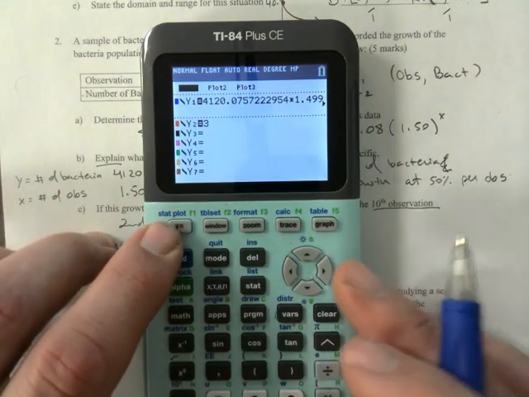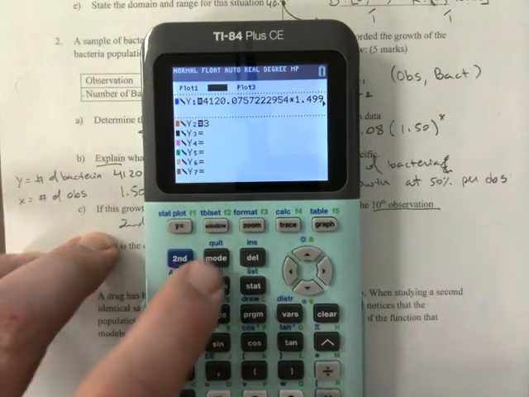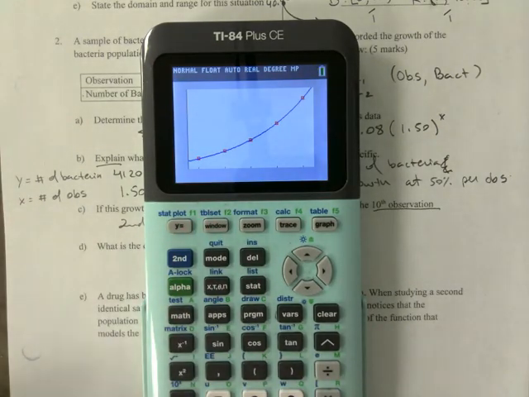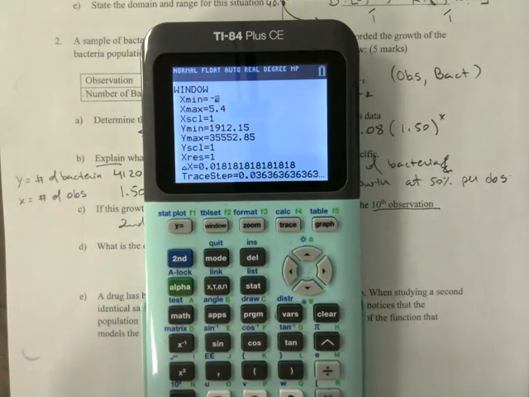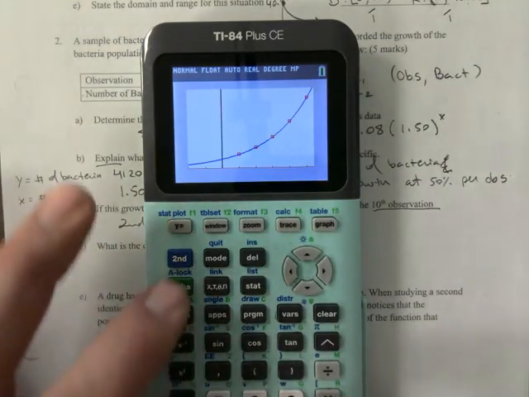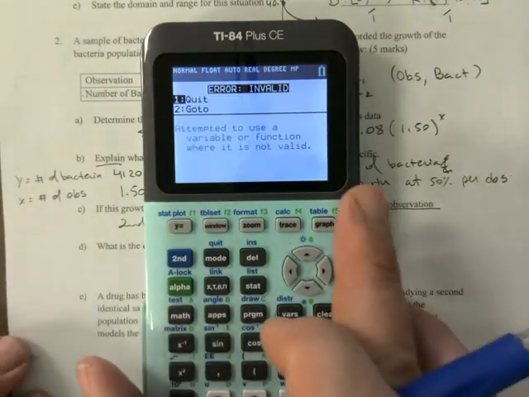I need to turn on plot 2 because I'm using L3, L4. Zoom 9. There it is. It's increasing. I'm going to change my window a little bit. That's much better. So second trace 1, x is equal to 10.